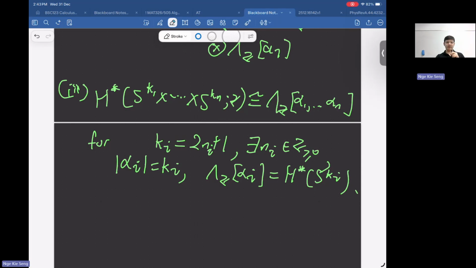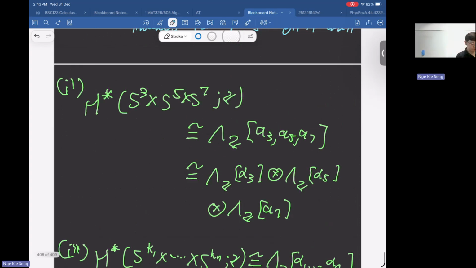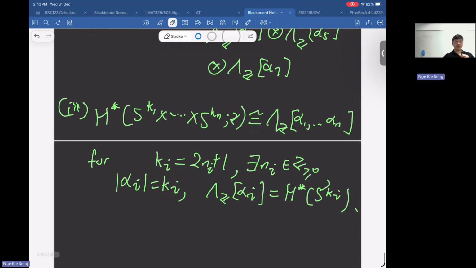So for the even case, it's a bit tricky. Why is it tricky?